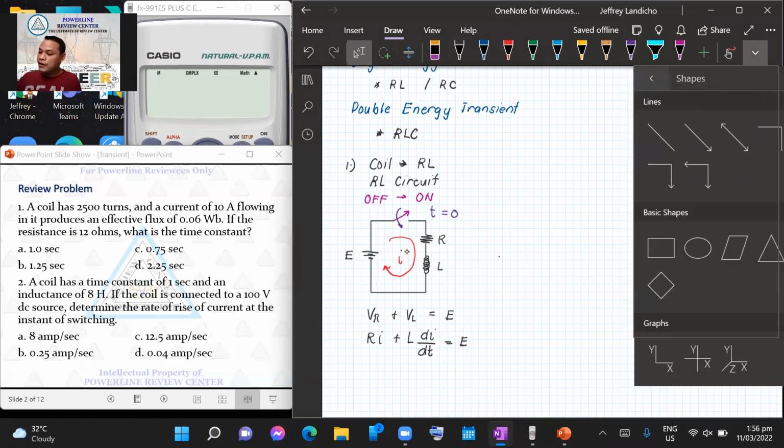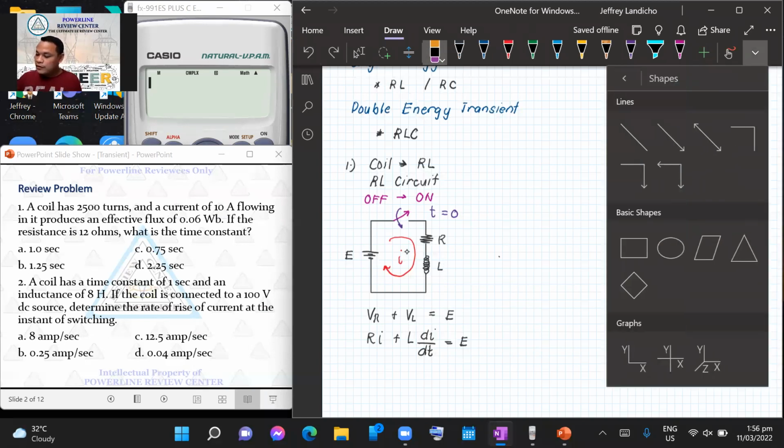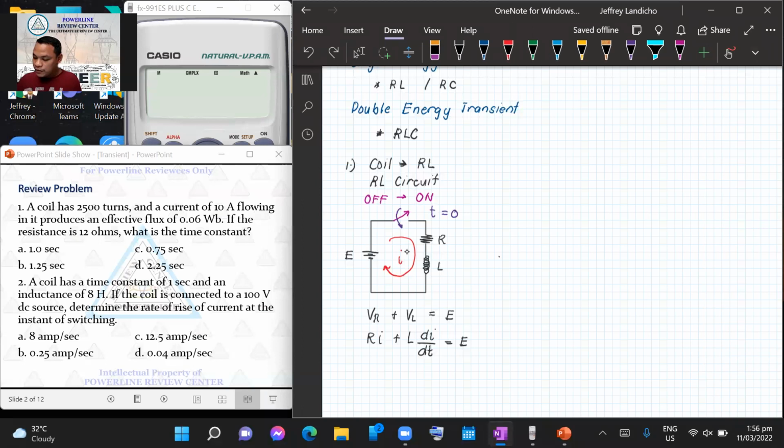Ibig sabihin, pag pinlot natin yung behavior ng ating current in this RL circuit, dati siyang naka-off position, then i-on natin, kapag kinuha natin yung behavior ng ating current with respect to time, kung gaano siya katagal connected sa circuit, horizontal is the time and the vertical axis is the current.